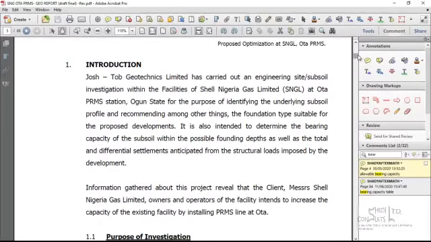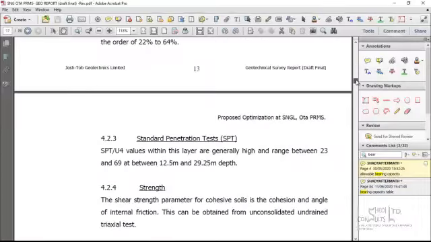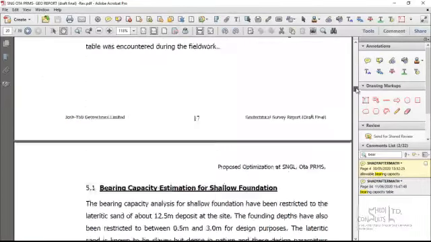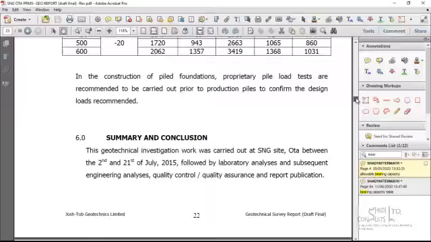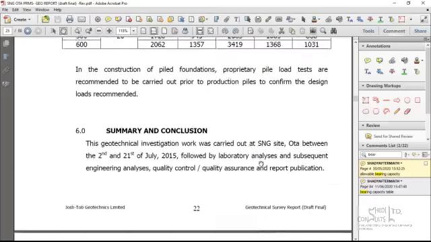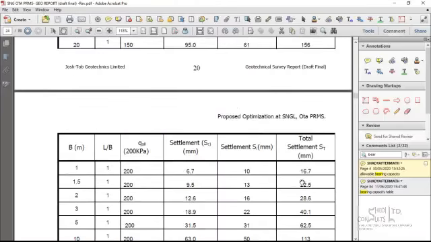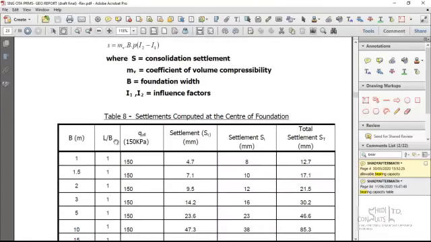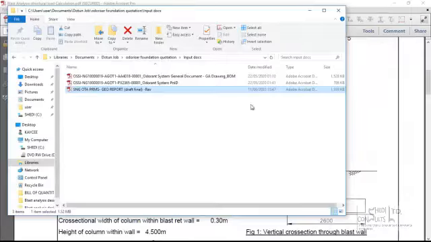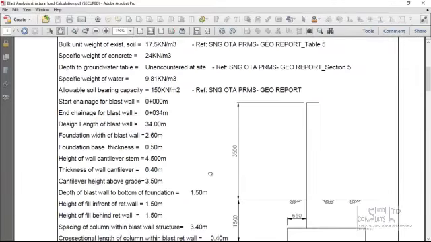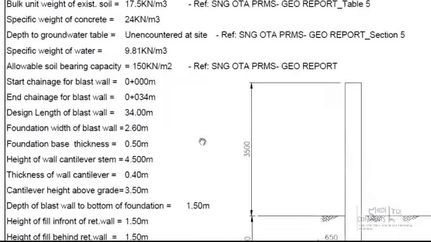The calculation of the allowable capacity of the soils for different depths was provided in the appendix. I reviewed this report myself and verified the accuracy and correctness of the parameters that were specified. Settlement was also calculated, and so on. So this was what was used in obtaining the geo information used in the design.